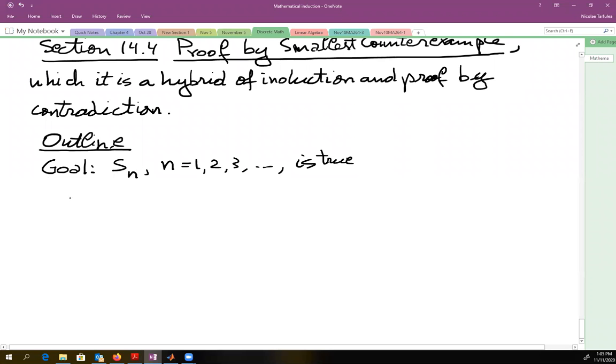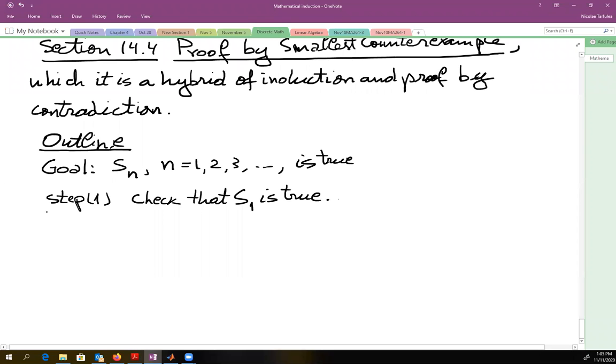The first step in order to prove this, step 1, is to check that the first statement S1 is true. That's the first step.